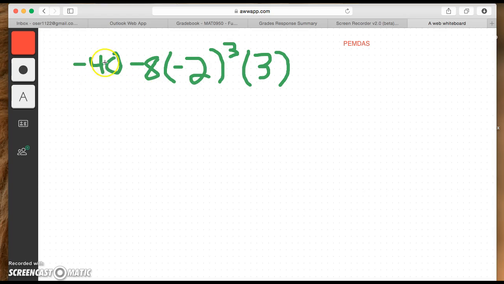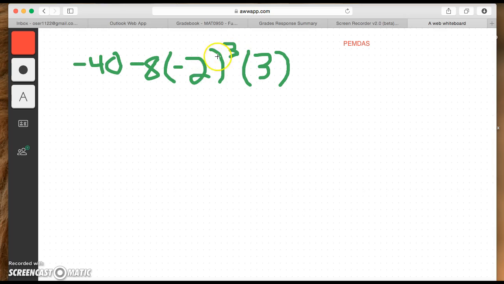So if we take a look here, the very first operation that we need to take care of, remember parentheses does come first, but we cannot simplify the 3 in this parentheses, nor can we simplify the negative 2 inside of this parentheses. So we move on to our next operation, which is our exponents.